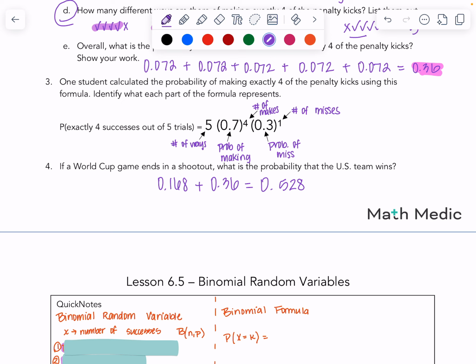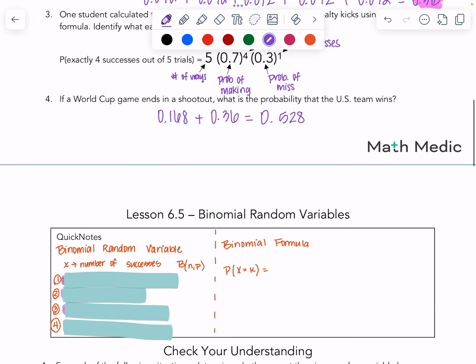All right, so first I'm going to talk about the quick notes, and I'm going to go back and forth a little bit. For binomial random variables, we have certain conditions that need to be met. And the one thing that I want you to remember is this acronym called BINS.